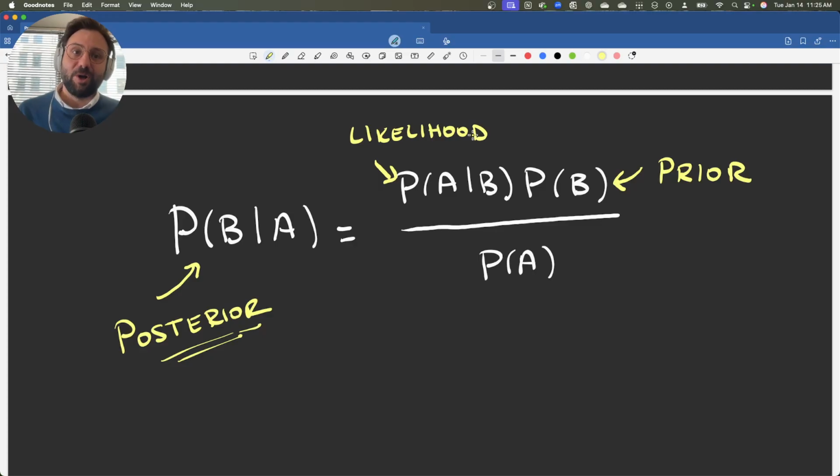And in basic machine learning approaches, you might have seen this term a lot, because mostly what we do is we try to find the best course of action that maximizes the likelihood of observing what we have observed.